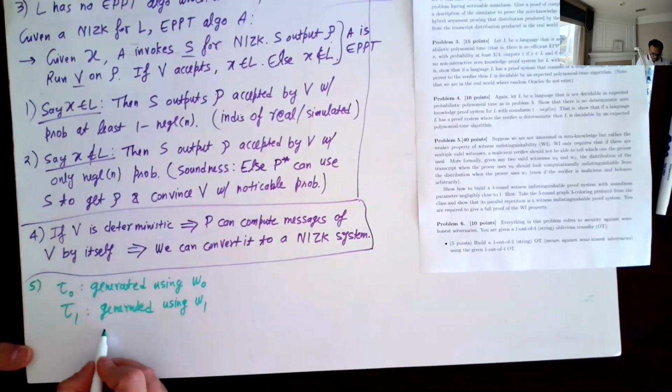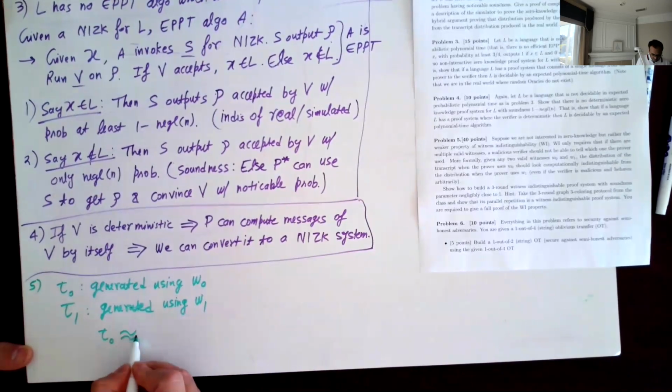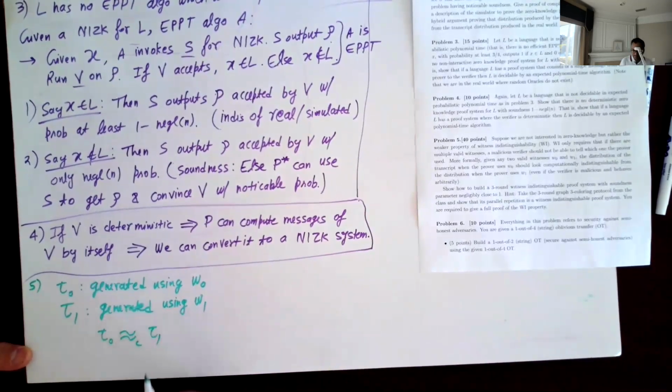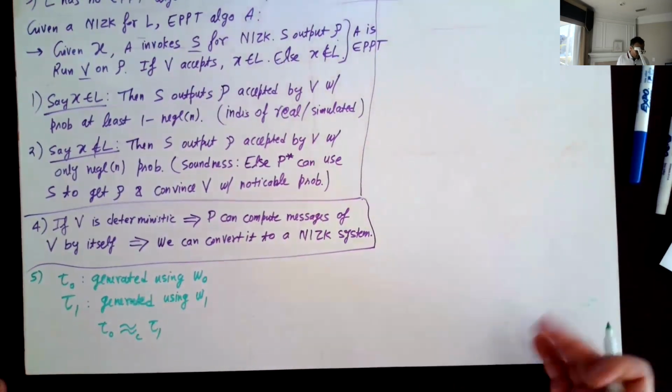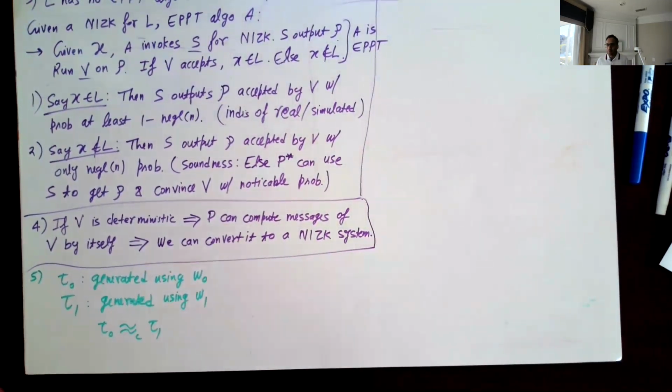My goal is to prove that tau 0 is computationally indistinguishable from tau 1. And my protocol is going to be just a parallel repetition of the graph 3-coloring protocol.